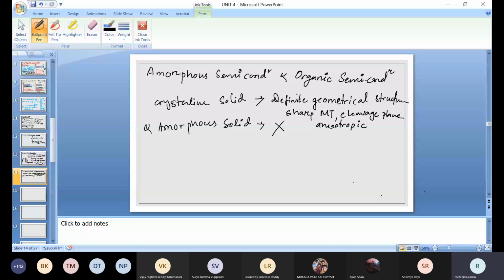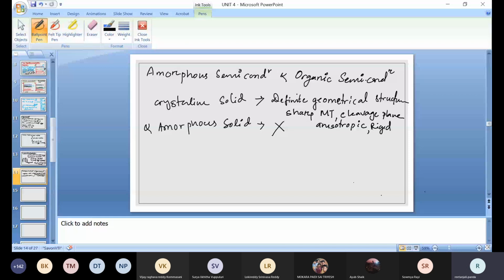Amorphous solids are less rigid, but crystalline solids are very rigid by nature. Rigid means very brittle in nature. Examples of amorphous solids are Teflon, polyvinyl chloride and polyurethane. Polyvinyl chloride is PVC in short.